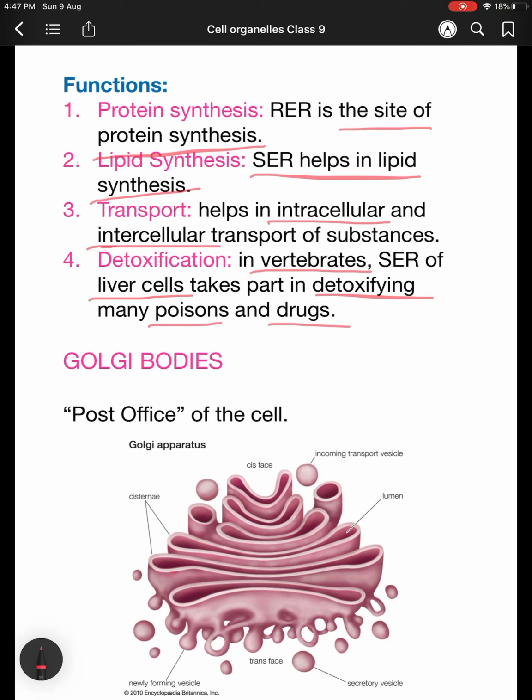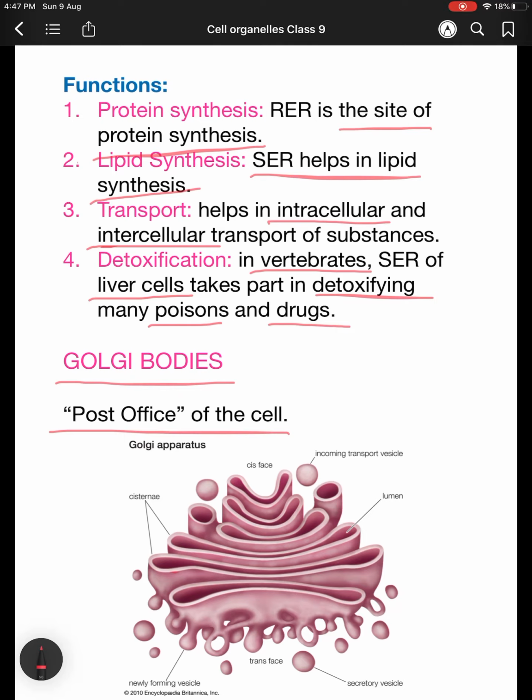Now our next organelle is Golgi bodies. Proteins which are synthesized by rough endoplasmic reticulum are transported to Golgi bodies, which are known as the post office of the cell. Why post office? Because Golgi bodies takes the proteins, nicely packs it up and then sends it off.